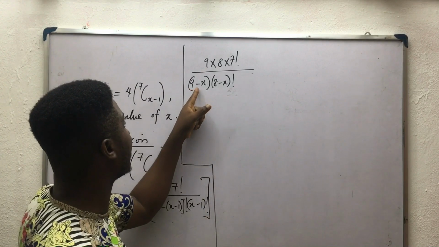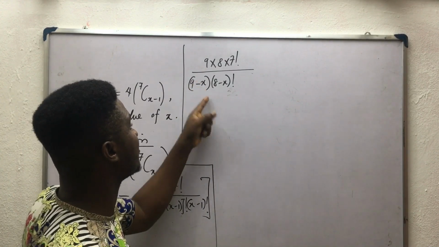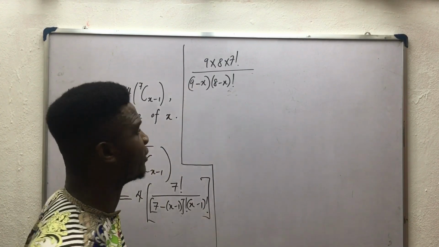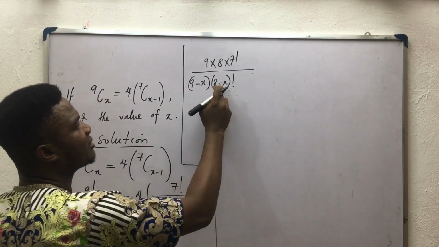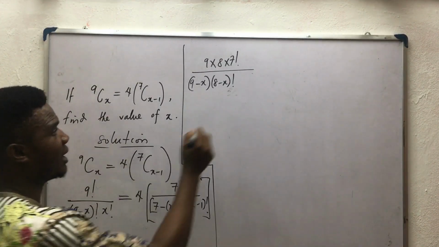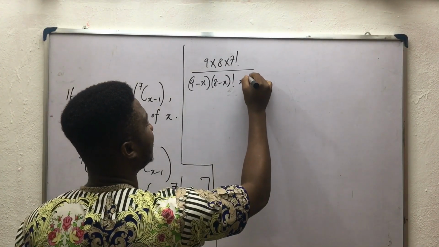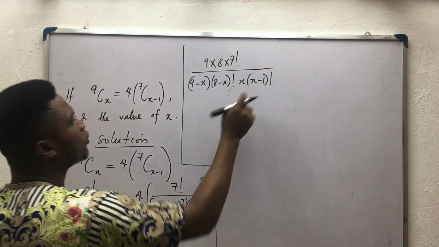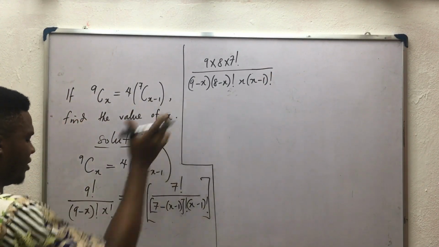So that gives you 8 minus x factorial. Now I'm going to come over to x factorial and write it as x times (x minus 1) factorial.